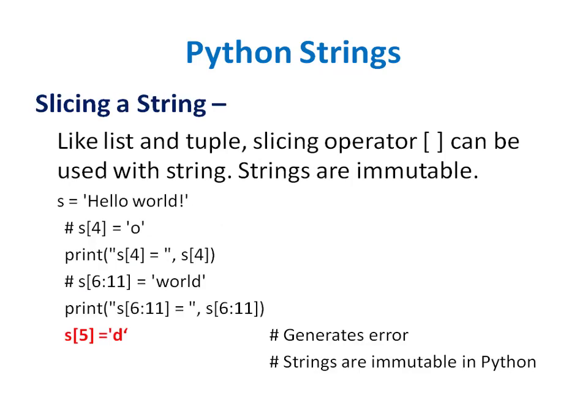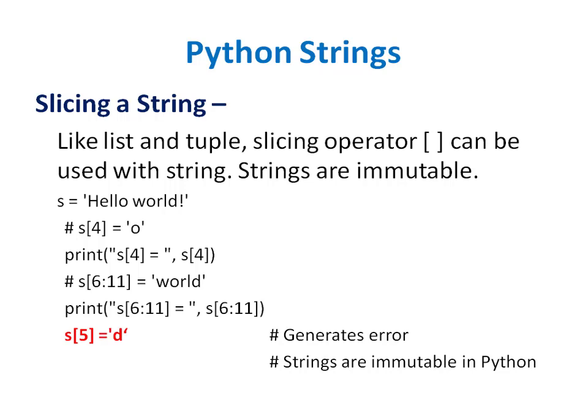Now similar to list and tuple, we can slice a string also. Again the slicing operator is used, and you must remember that strings are immutable. So again, strings once declared cannot be modified. You cannot modify the elements of a string because they are immutable. See the examples below. s is equal to 'hello world'. If we are going to print s[4], s[4] is o, because the index starts from 0.